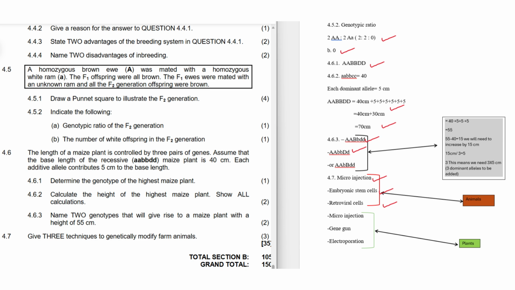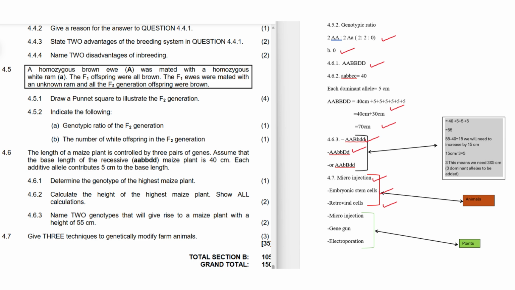4.6.3: name 2 genotypes that will give rise to a maize plant with a height of 55 centimeters. So that means we have to work that out now. If I have 40, how many 5 centimeters do I need to get to 55?